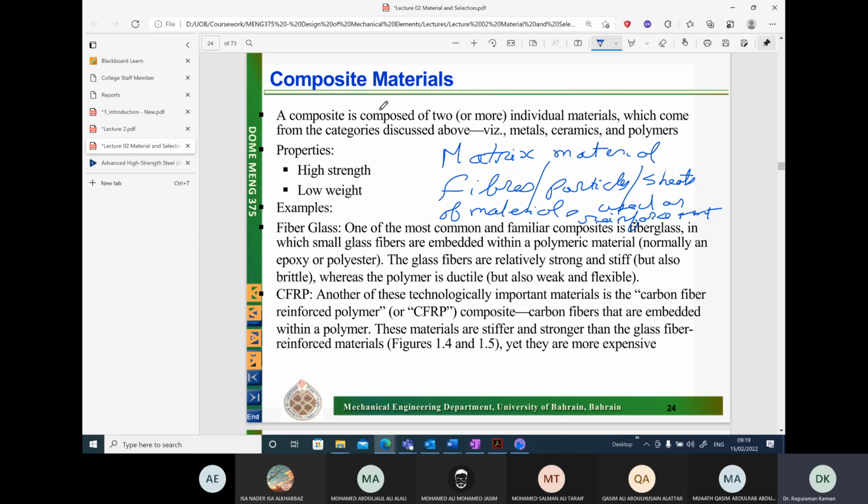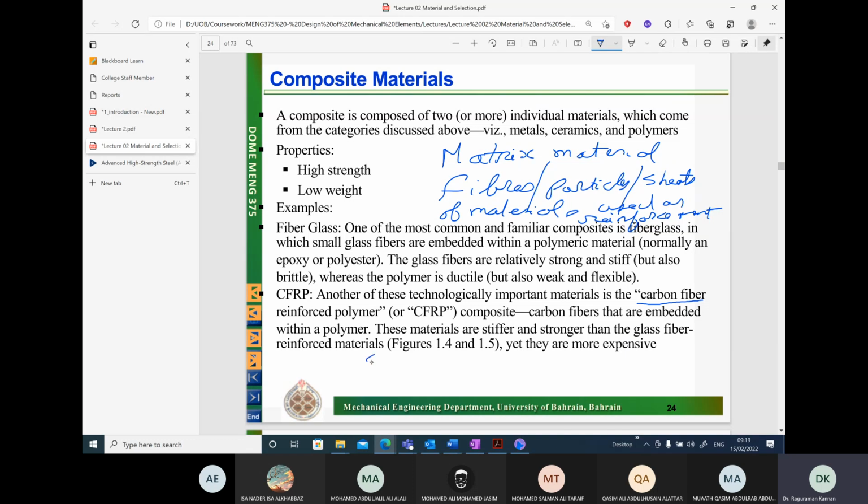For example, carbon fiber reinforced polymer. What is it? You have a polymer matrix. Usually polymers have very little strength, reinforced with carbon fibers. Carbon fibers have extremely high strength. Okay, so what is the typical yield strength or the tensile strength of carbon fibers?